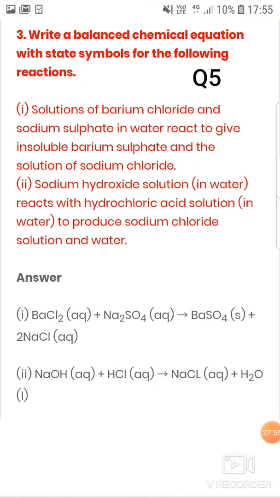So sodium hydroxide solution, NaOH aqueous, plus hydrochloric acid aqueous gives sodium chloride, NaCl aqueous, plus water, H2O liquid. Water is always liquid, so liquid. NaOH is a chemical, so aqueous. HCl is an acid, so aqueous. Sodium chloride is soluble, so it's aqueous.